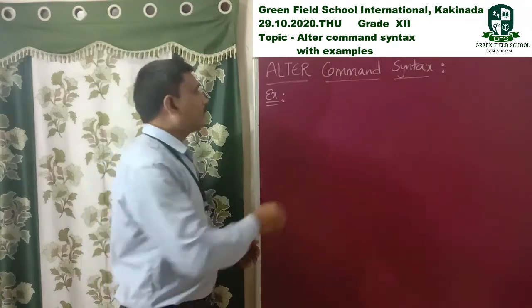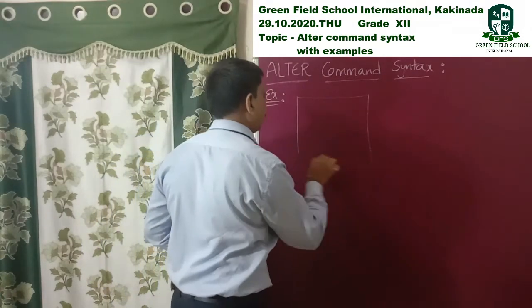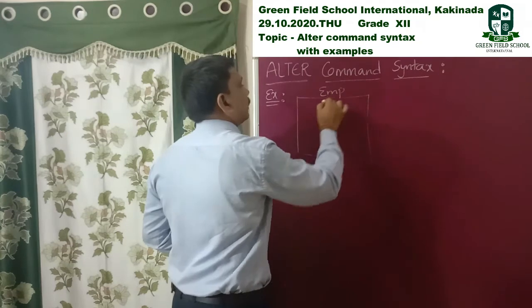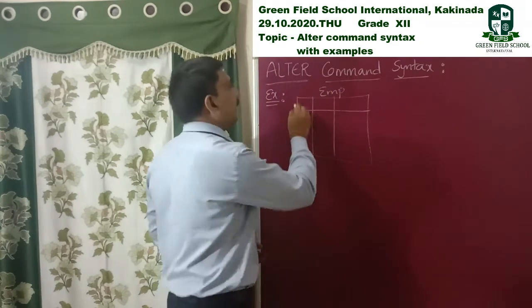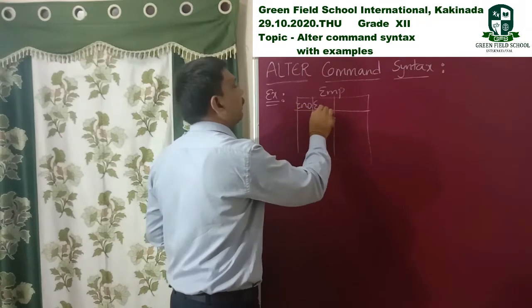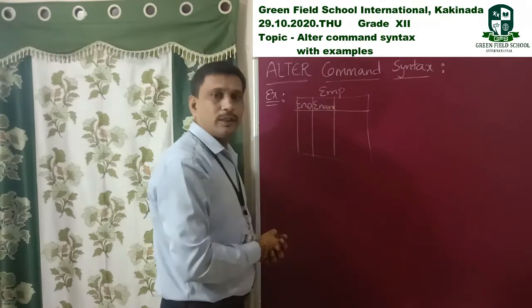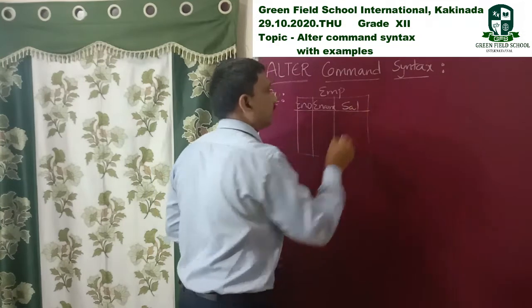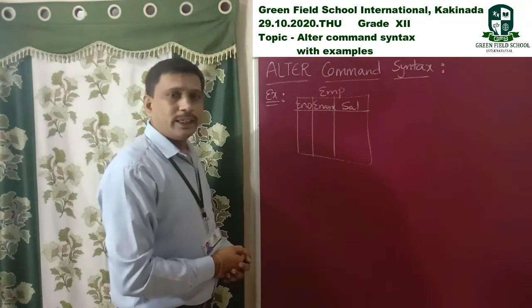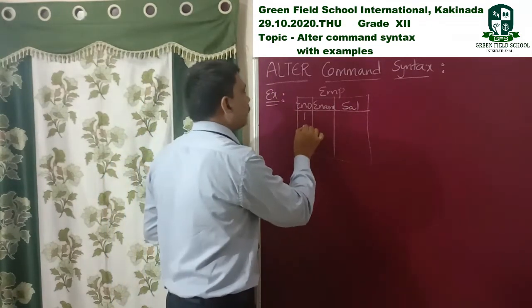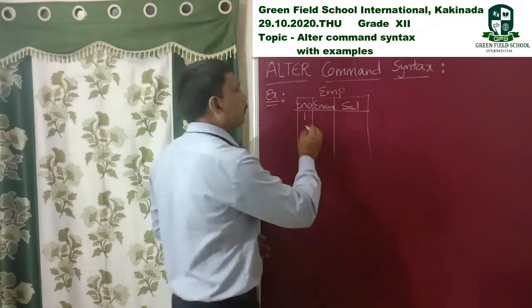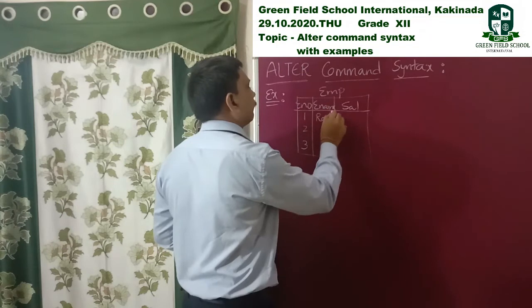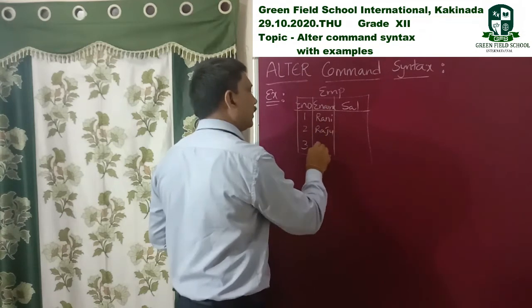Suppose I already created one table emp, the table having 3 columns: employee number, employee name, and salary, with 3 rows: employee number 1, 2, 3. Employee names are Rani, Razu, Ravi.